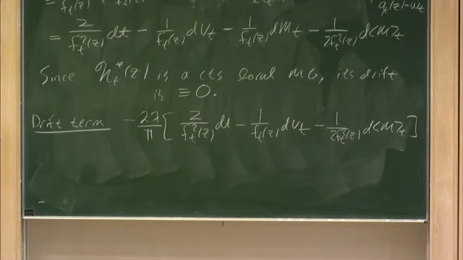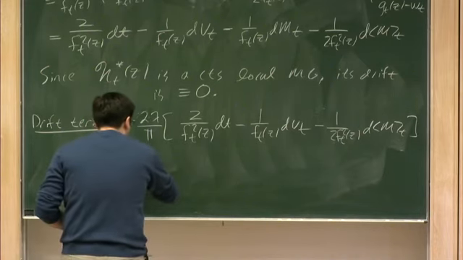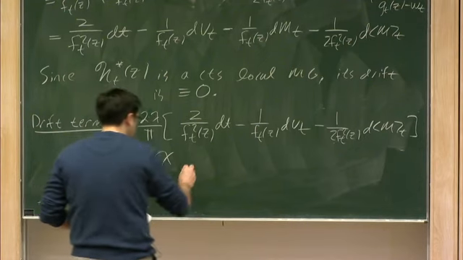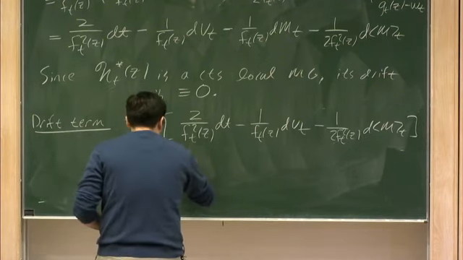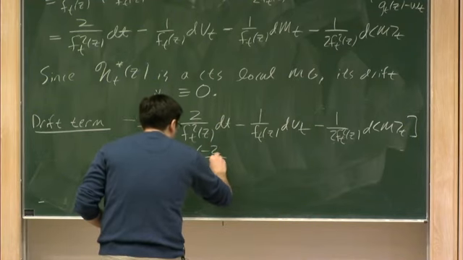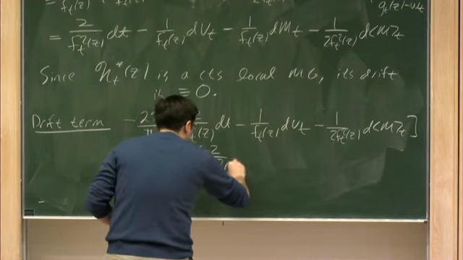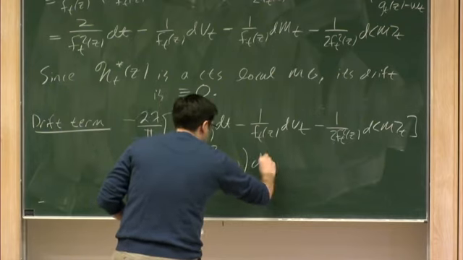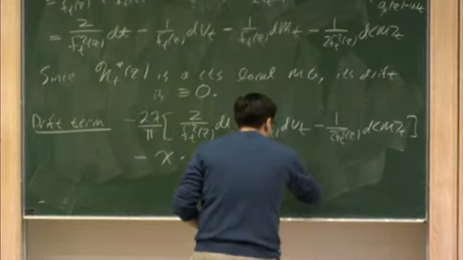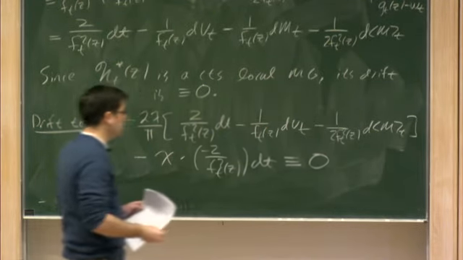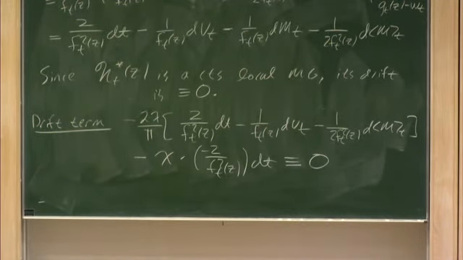So this gives you minus chi times minus 2 over ft squared of z dt. And all of this has to be equal to 0.